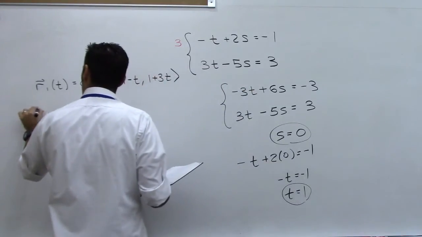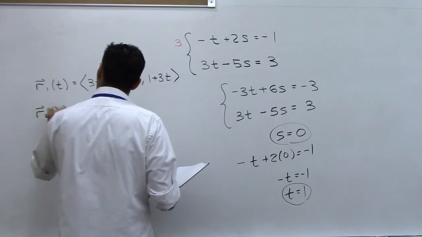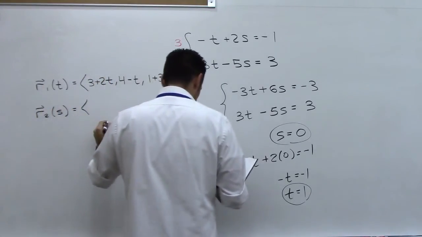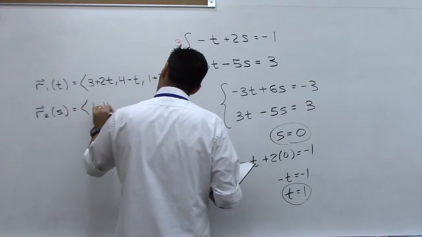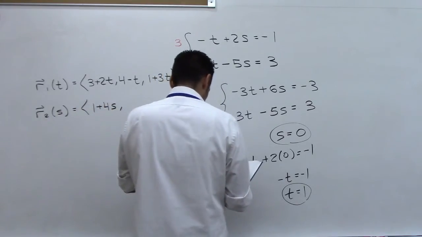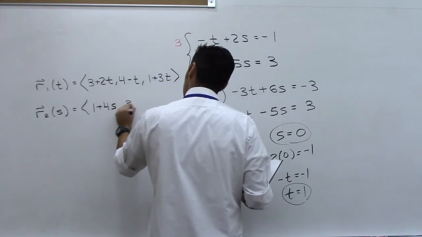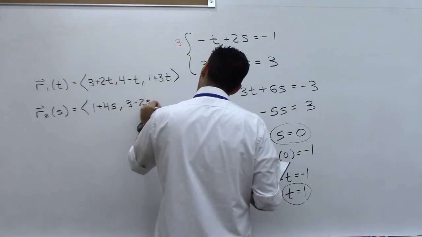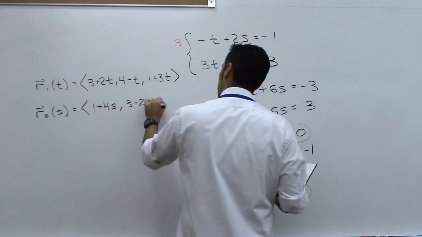And R2 of s was 1 plus 4s, 3 minus 2s, and 4 plus 5s.